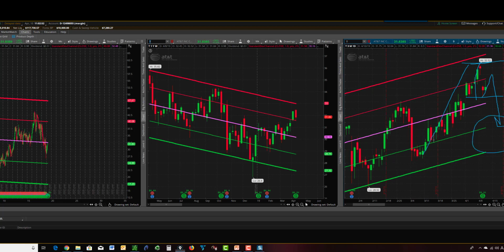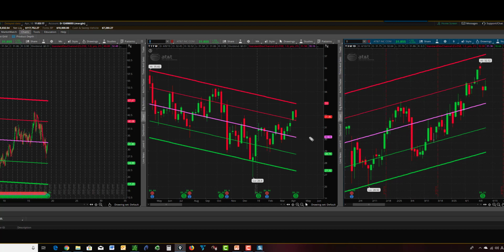And unless it breaks this, it may go higher, but again, it's a good chance we'll come back down. So it looks to me that this AT&T is headed down right now. And we'll follow this. And what's nice, I'm going to be looking at these same stocks over and over again every week. And so you can follow it with me.